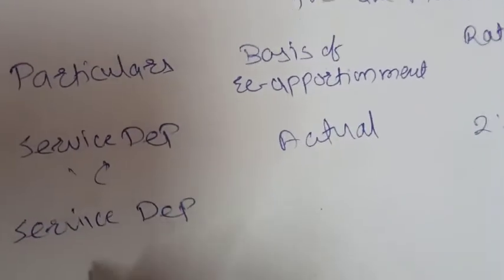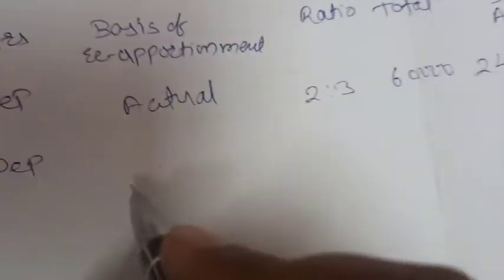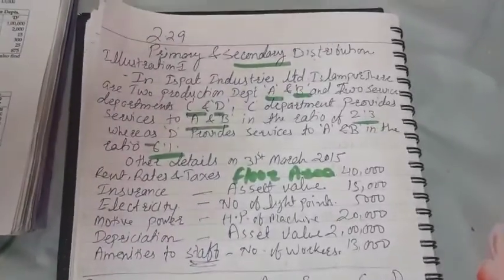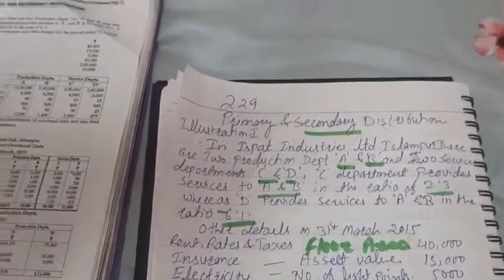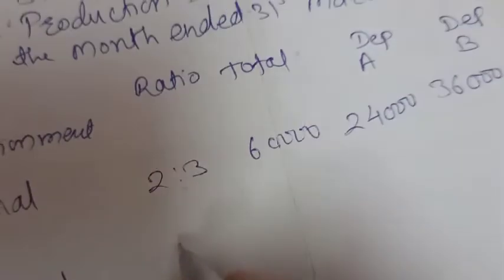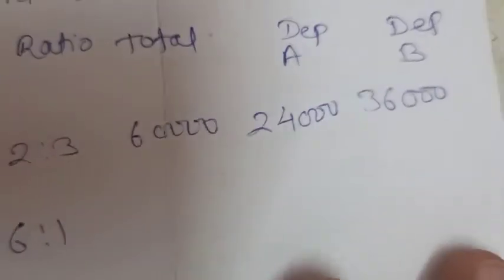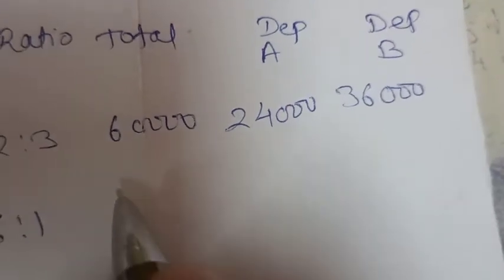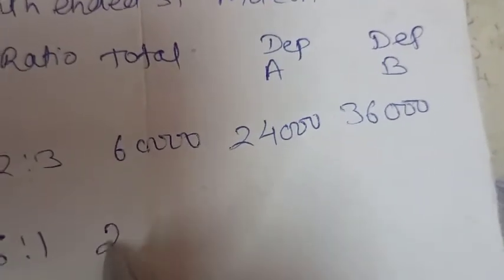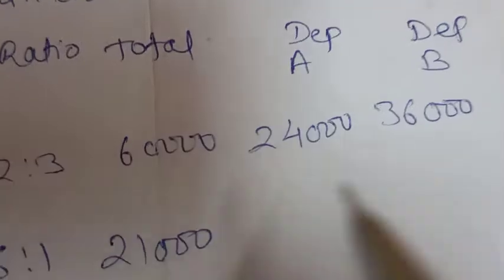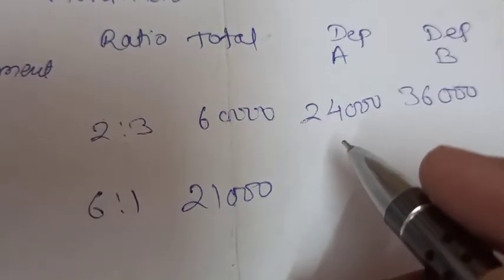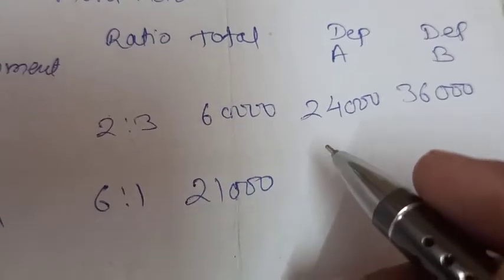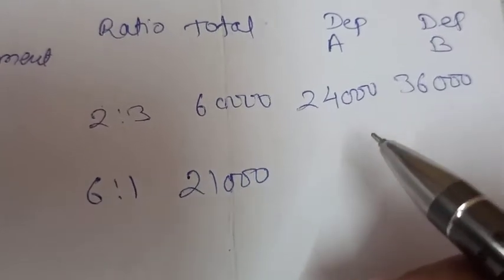Okay, then service department D, the basis is actual, and the ratio given in this illustration is 6:1. The total amount of service department D is 21,000. Now we have to divide this 21,000 in 6:1. 6 plus 1, 7. 21,000 divided by 7 is equal to 3000.